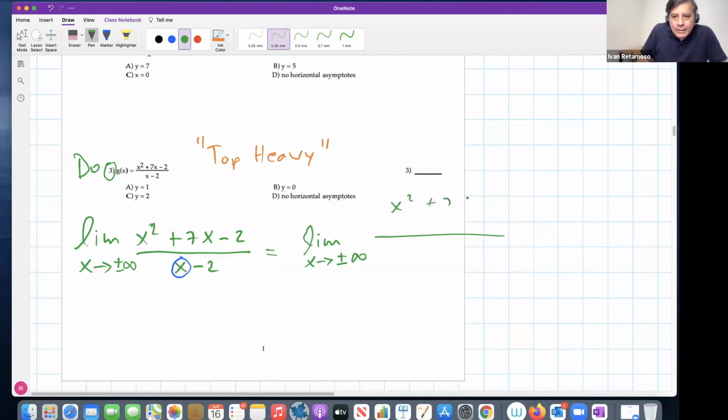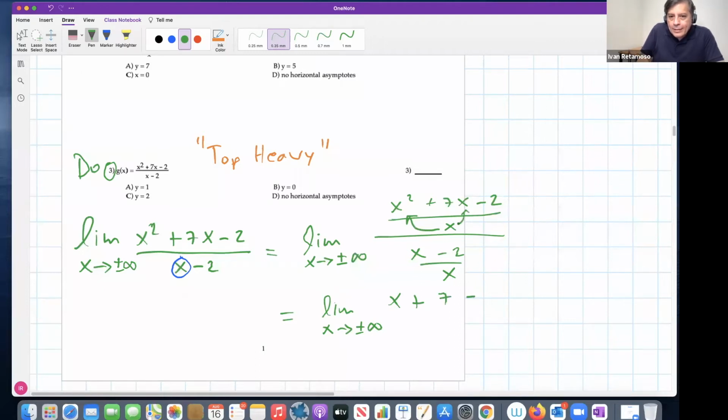x squared plus 7x minus 2 over x here, and x minus 2 over x here, right? Look, if you divide x into x squared, that's just x, plus x into 7x, that's a 7, minus 2 over x. And here x into x is 1, minus x into 2 over x. These two terms, we know they go to 0.